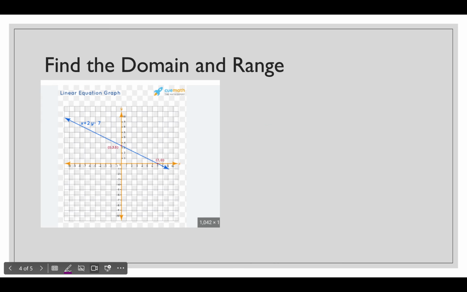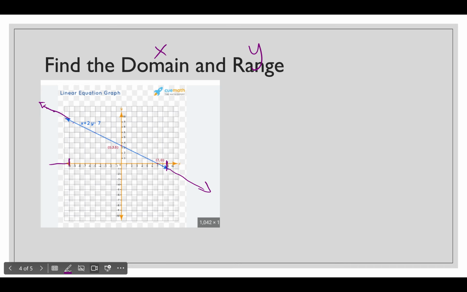Looking at the domain and range of a continuous graph with a negative slope, not that that matters, we're going to use the same idea: domain think X, range think Y. If I look at my X values along this line, it might look like it's between 10 and whatever value we have here, but this line is going on forever. So we can keep grabbing X values.